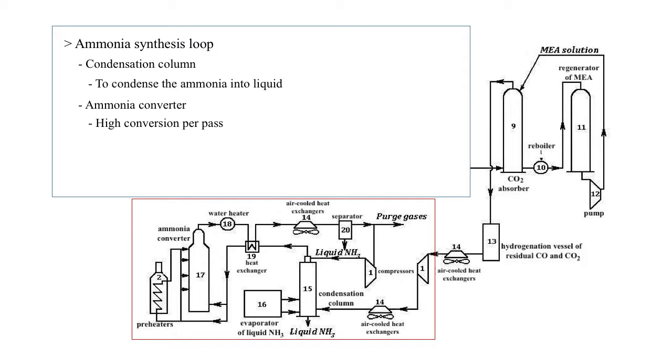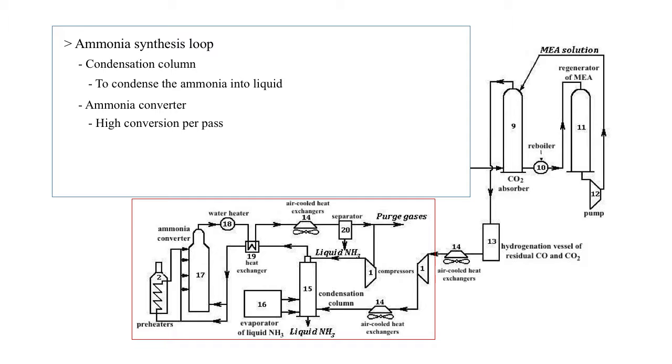The makeup gas is then compressed and cooled before being sent to the condensation column. In the condensation column, a cold gas is injected to condense the ammonia gas into liquid. The effluent gases from the column are sent to a heat exchanger and preheater to preheat the converter feed gas.